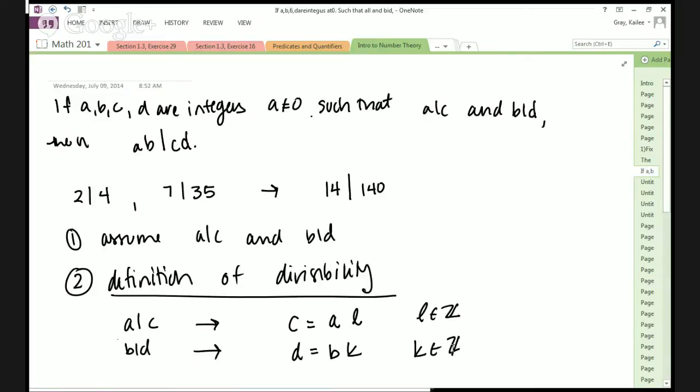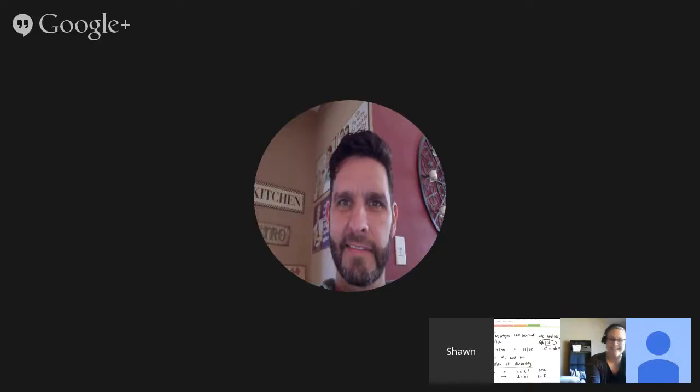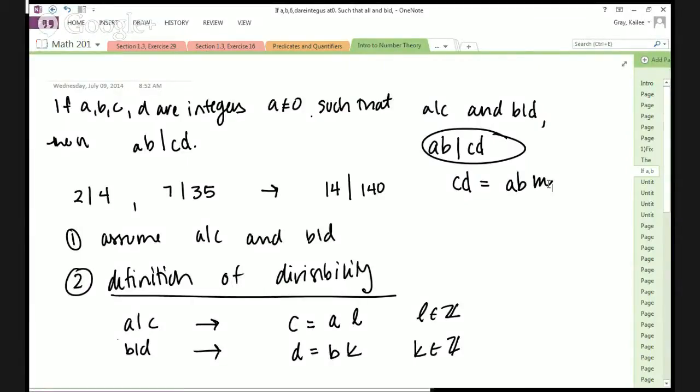Okay, so when we're trying to work through this proof, we always want to think about where we're trying to go. Where I'm trying to go is I want to know something about AB dividing CD. So in other words, I want to rewrite CD as some multiple of AB. Okay, it's just algebra, right?